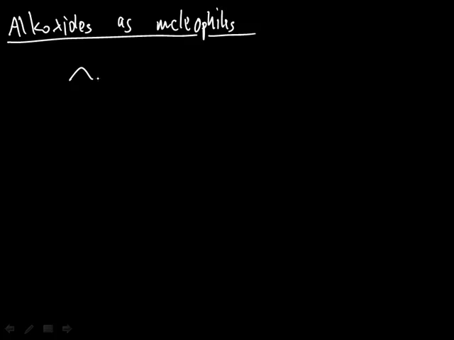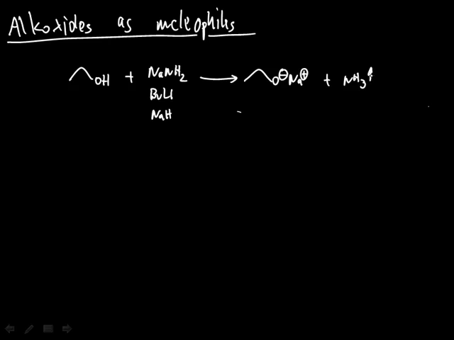But basically, alcohols can be converted into alkoxides by the use of base, and this means sodium amide or butyllithium or sodium hydride, to give us alkoxide, in this case sodium or it could be lithium, plus, in the first case, ammonia, in the others butane or hydrogen. And that will be an acid-base reaction that gives us an alkoxide.